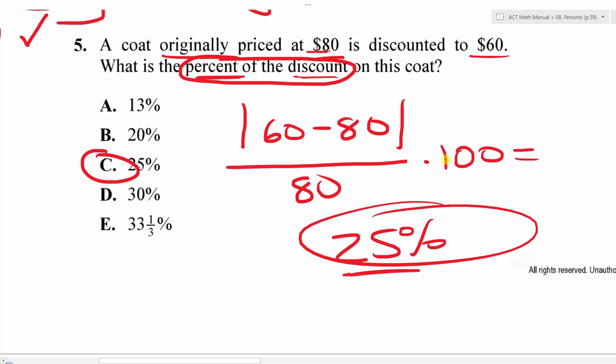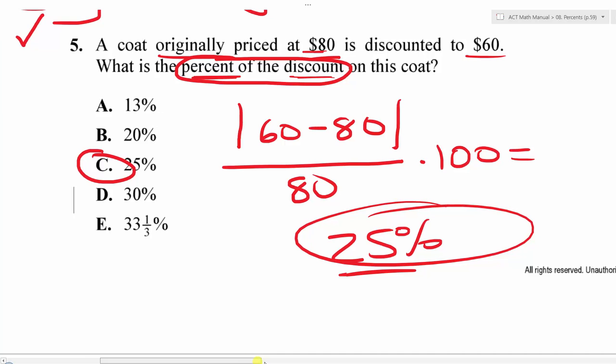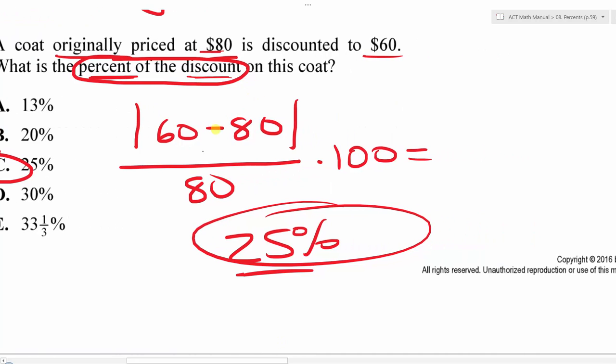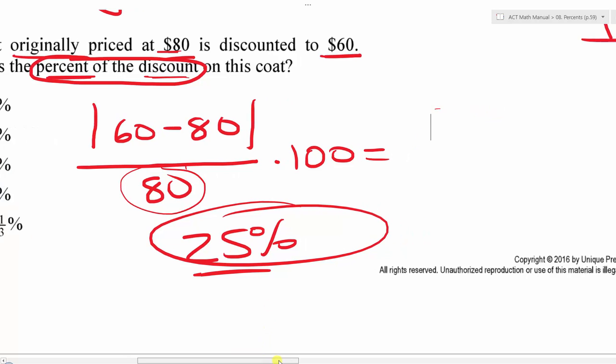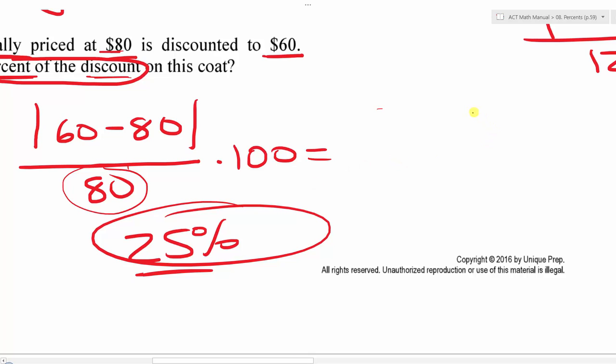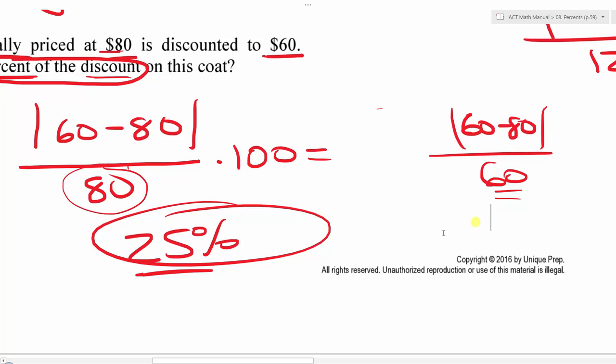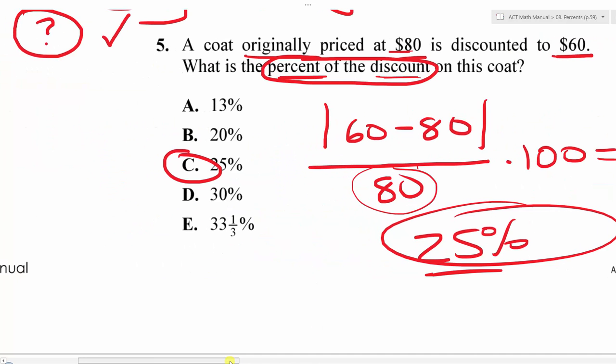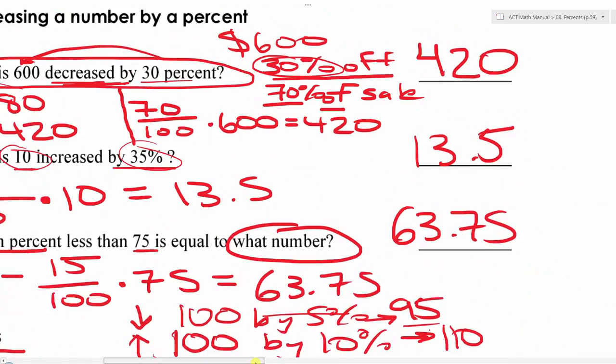Now, you have to be slightly careful on these questions to make sure that the denominator is the original value and not the final value, because if the denominator is the final value, you are almost assured of getting one of the other answers. This question is no exception. So if we had done 60 minus 80 over 60, in other words, over the final value, we would have gotten answer choice E. We would have gotten 33 1/3%.